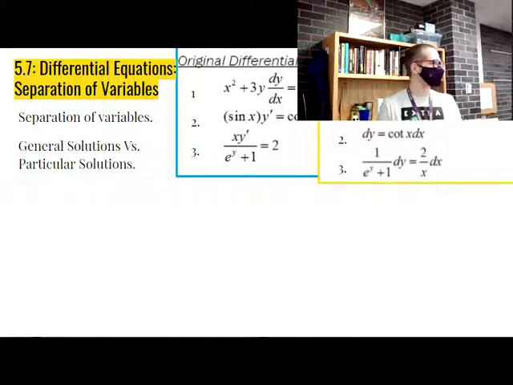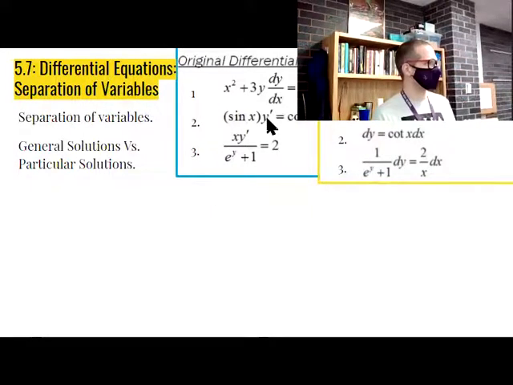One thing I want to point out is that sometimes a differential equation will have a y prime in it. Depending on how many other variables there are, you may or may not want to rewrite that as dy dx. In this case, since there are x's, I probably want to rewrite y prime as dy dx.